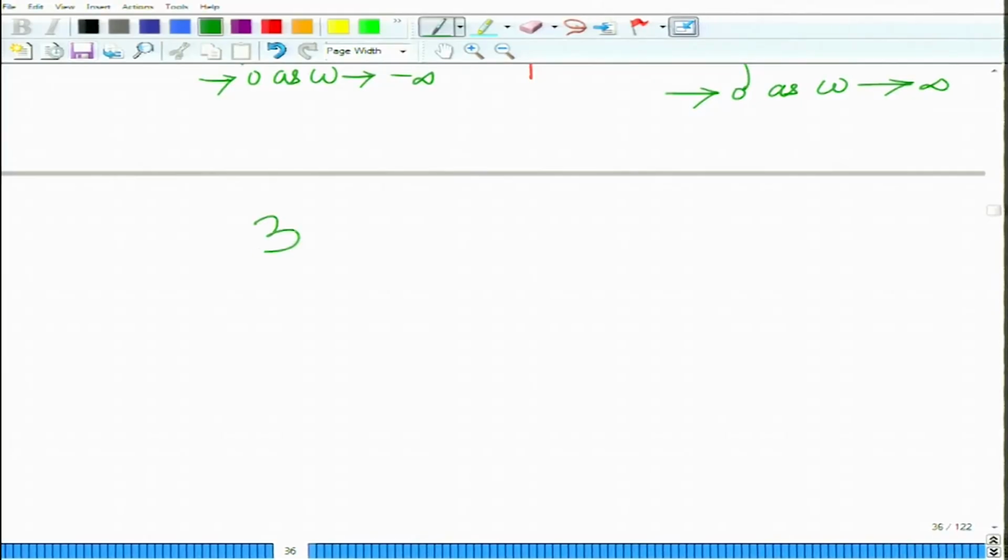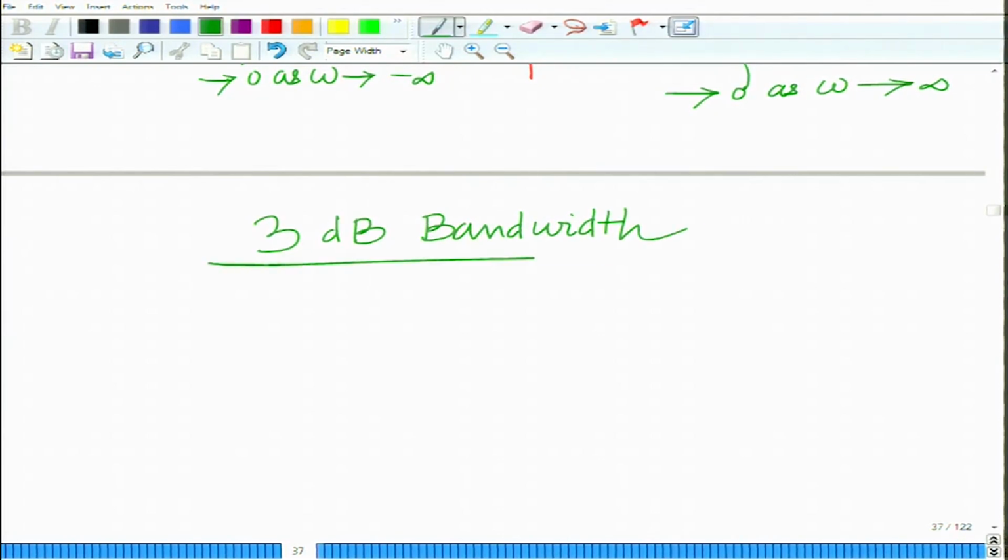So, we want to define the 3 dB bandwidth of the filter, omega 3 dB.